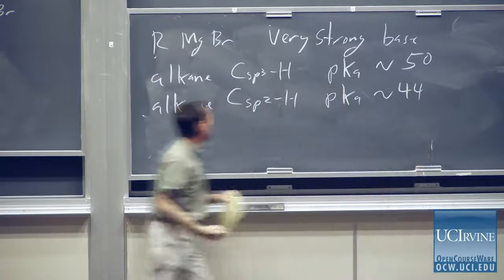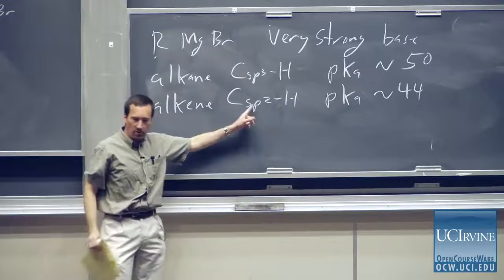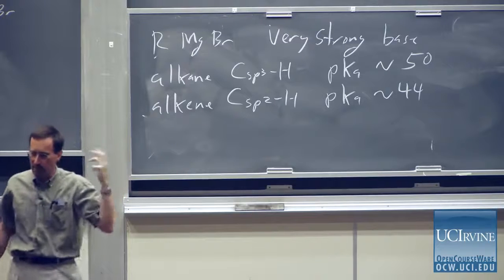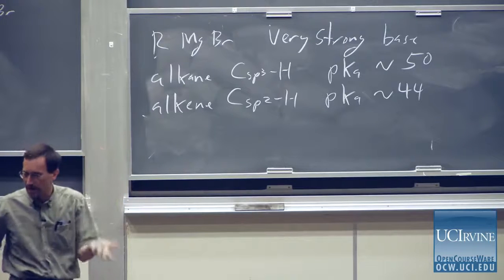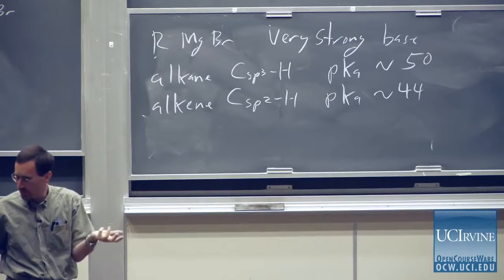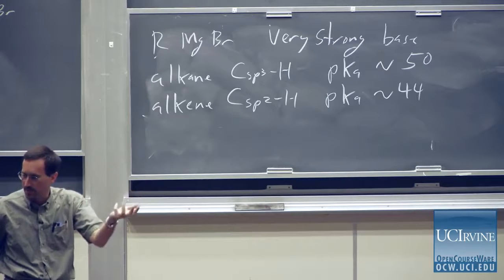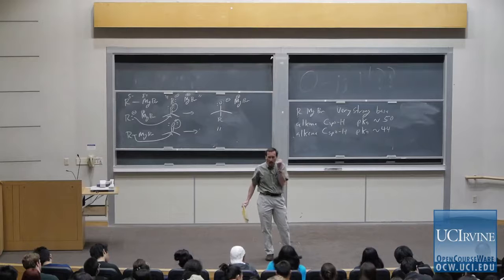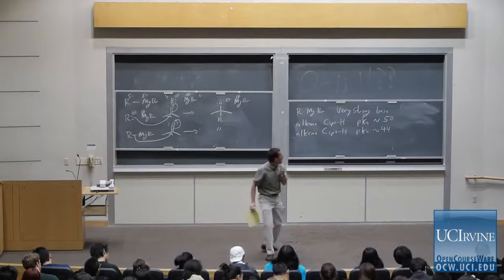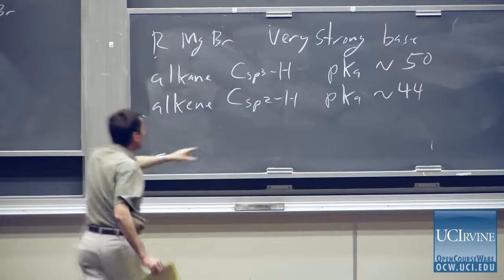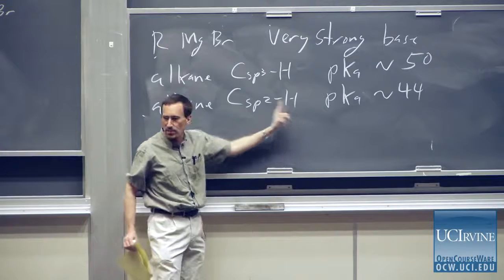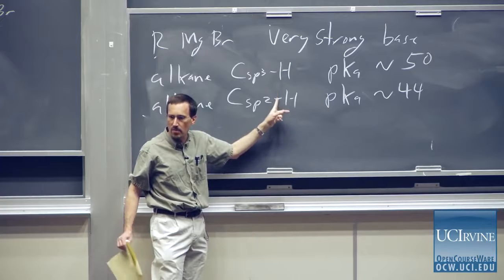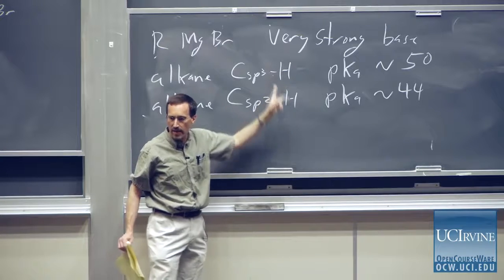A way of thinking of this is, since the electrons are a little more stabilized, held a little more tightly in an orbital that has more s character, right? sp2 has 33% s character, sp3 has 25% s character. As you hold electrons more tightly, the CH bond is more willing to give up H plus and give you a carbanion. So an alkene is a little bit more acidic than an alkane.